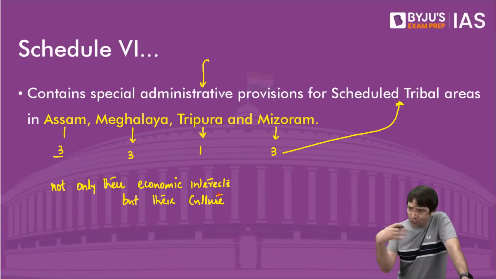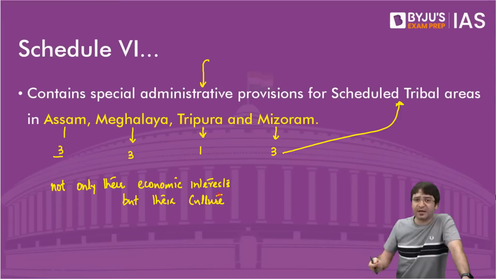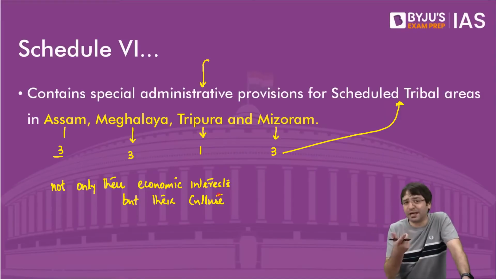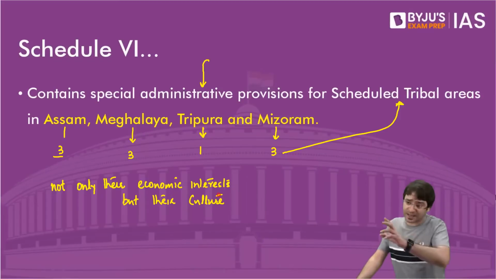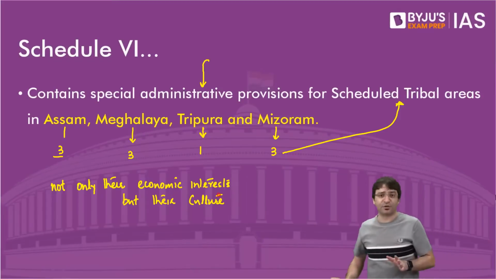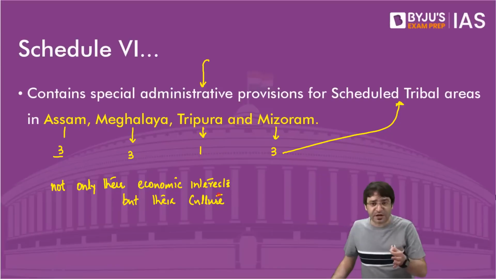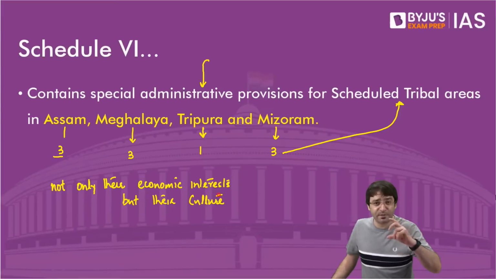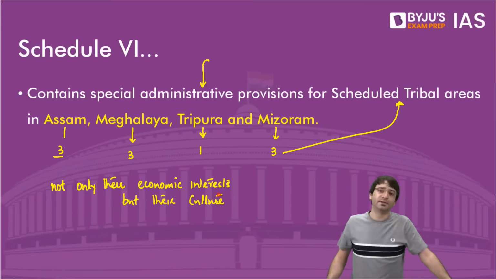In Schedule 5, those areas which are under Schedule 5 of the Constitution, the provisions are we have to protect their economic interests. That means when it concerns money lending, where it concerns land, we have to protect those interests. But the areas under Schedule 6 of the Constitution, for these tribes, we have to protect not only their economic interests, but their customs, their language, their script, their family structure, everything we need to protect.